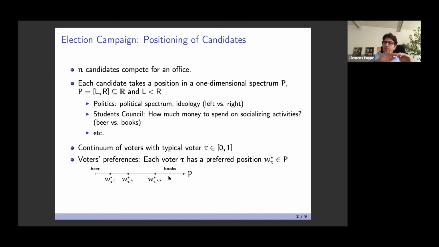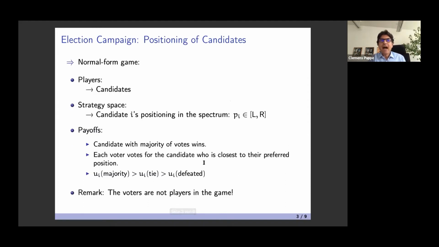Okay, so the voters are located in this continuum, and the question is now, there are candidates running for office. Okay, and now we assume that the candidate with the majority of votes wins, and that each voter, of course, votes for the candidate who is closest to their most preferred position.